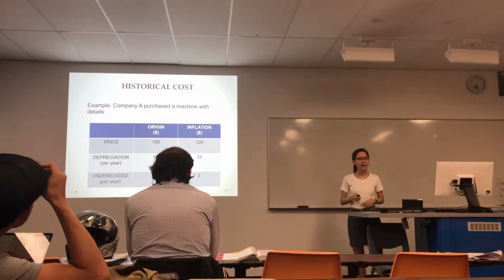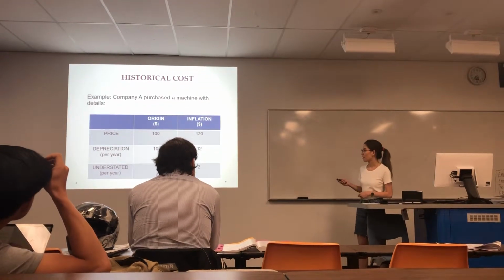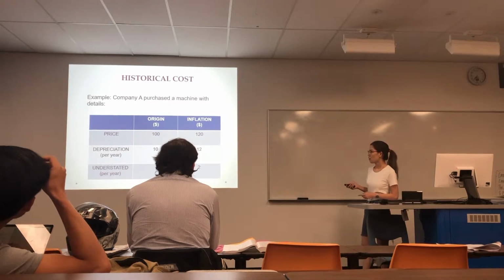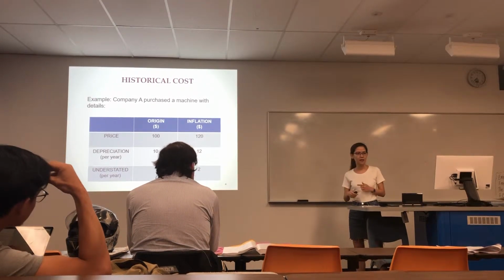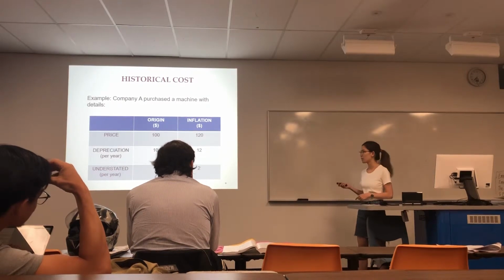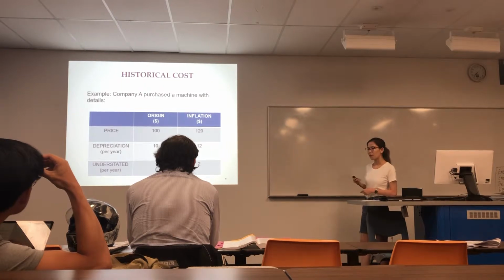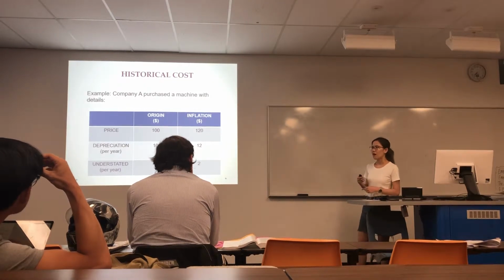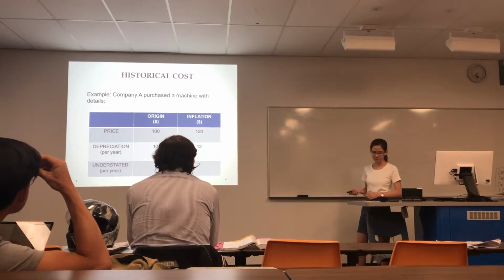The problem here is that the company didn't adjust to the market price of this machine, so consequently they understate the depreciation expense by $2 per year. As a result, the profit would be overstated, because the revenue remains the same.